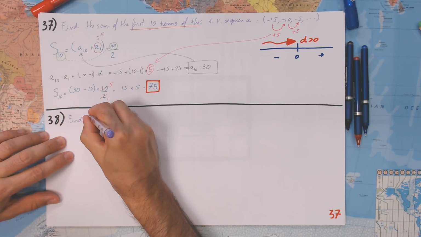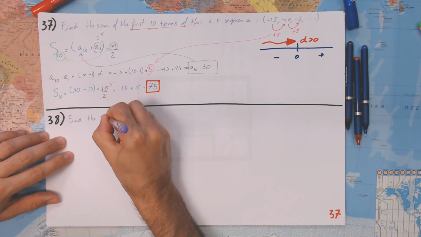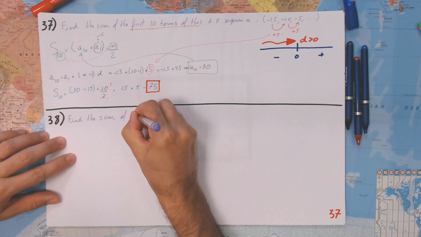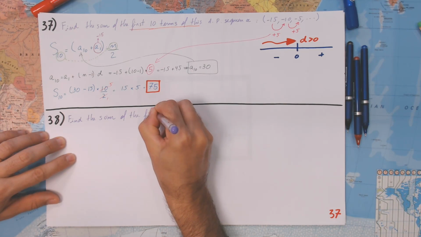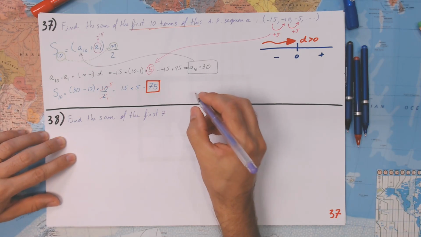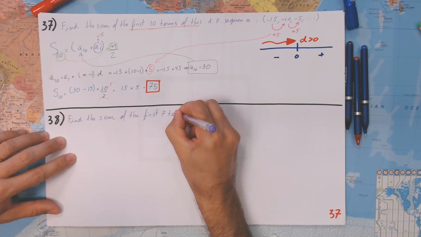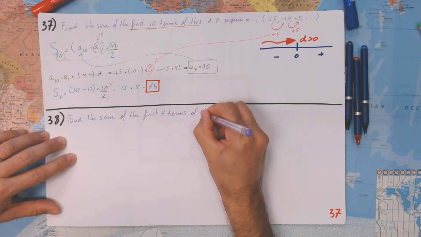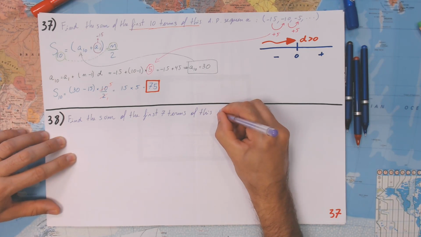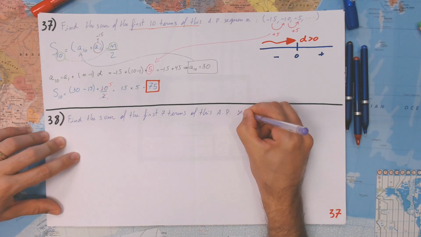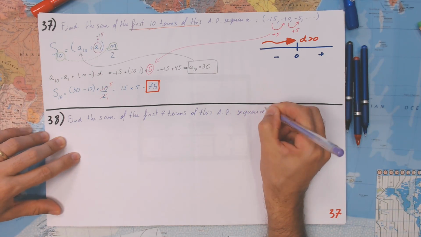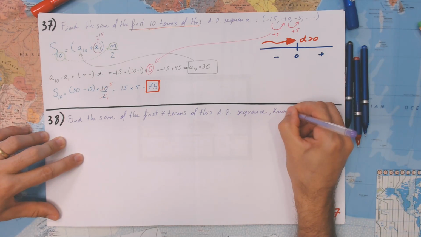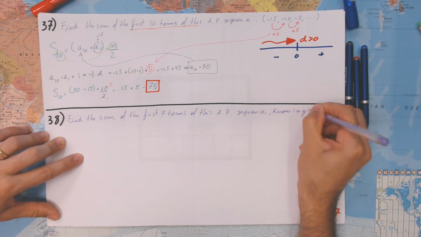Find the sum of the first 7 terms of this arithmetic progression sequence, knowing that.